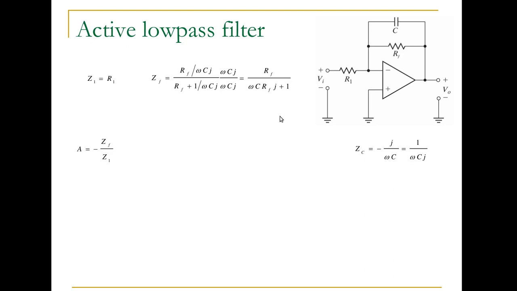Now we want to find the gain for this system, and we know from our previous analysis that the gain is the feedback impedance over the input impedance. Substituting these values into that expression, we get that the gain is shown here.